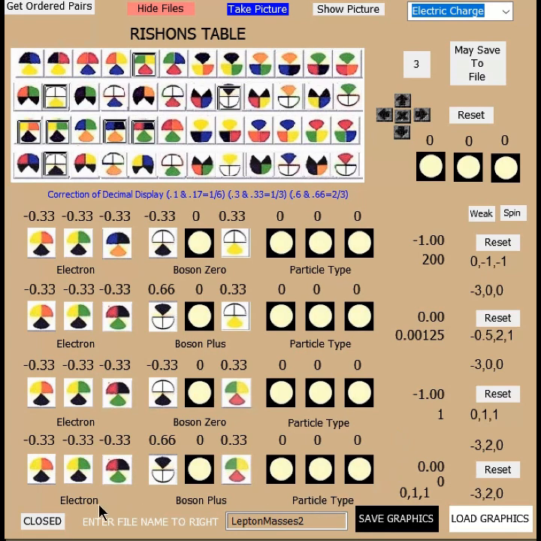And here, again, the electron gives us 200 electron units for the mass. And now we have a scalar boson plus, which will convert the electron to the muon neutrino, and then give a division.